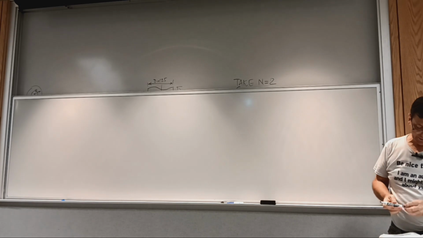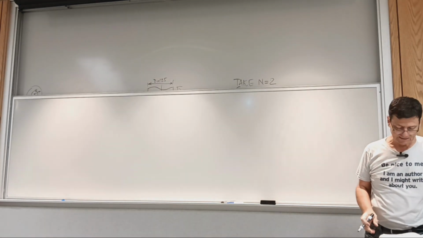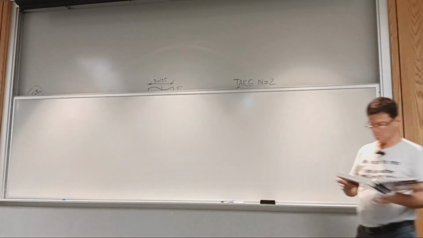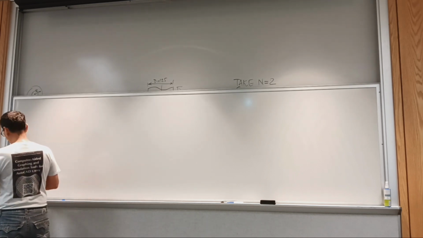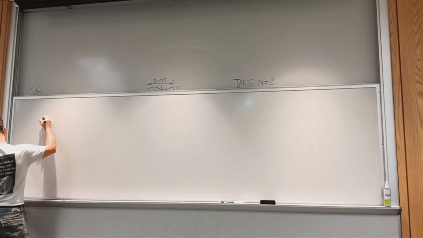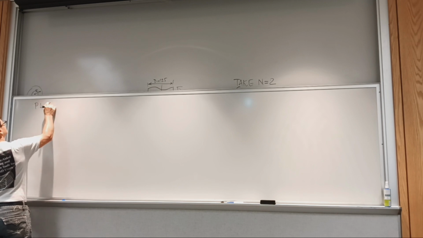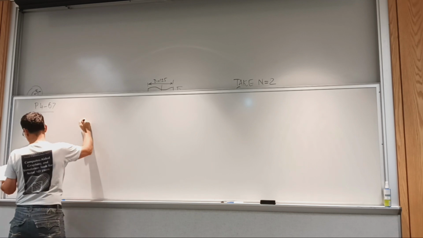It says compute the angle of twist of the free end relative to the fixed end of the steel bar shown in figure. So, angle of twist problem. Problem 467.